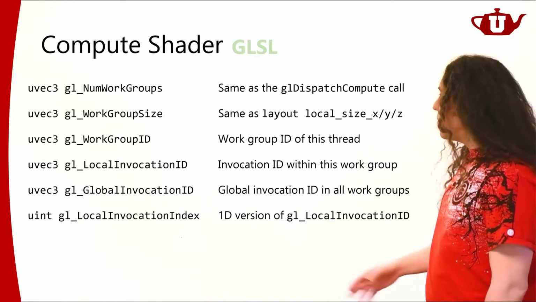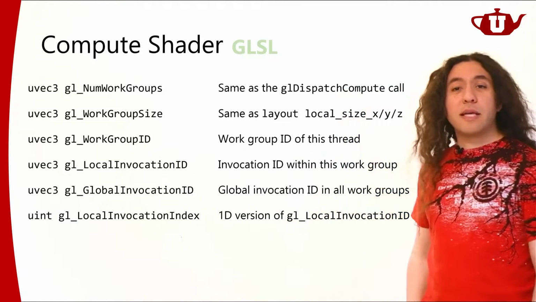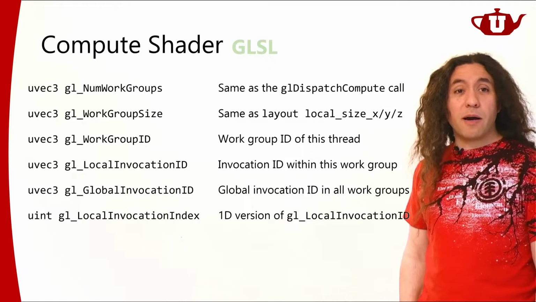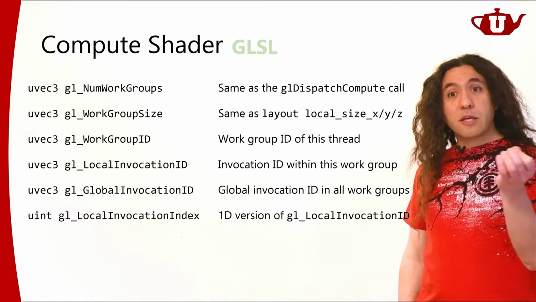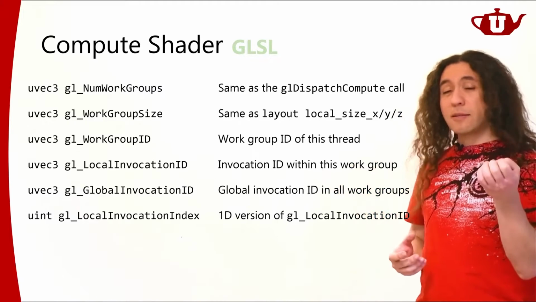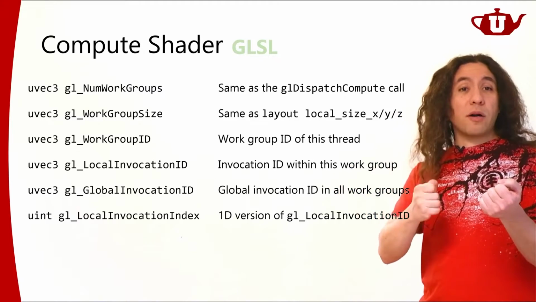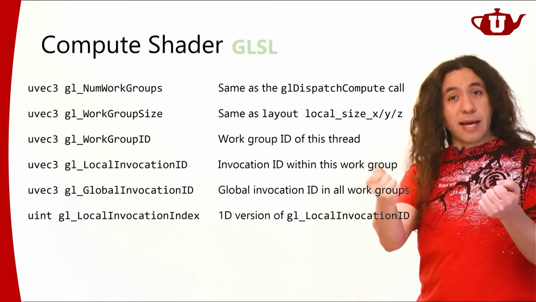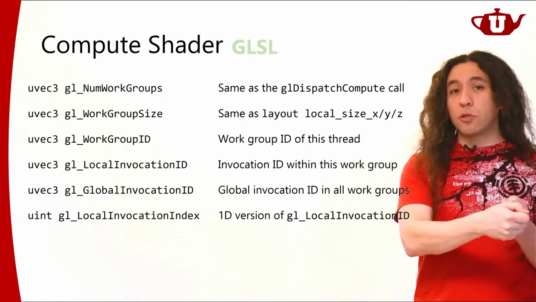All of these IDs you can use to specify where that particular execution is in your workload. You can use that to decide what part of your data you want to access in that execution and what you want to output.